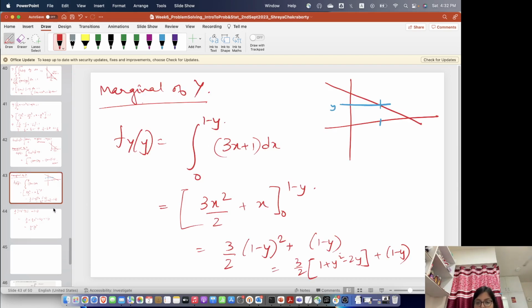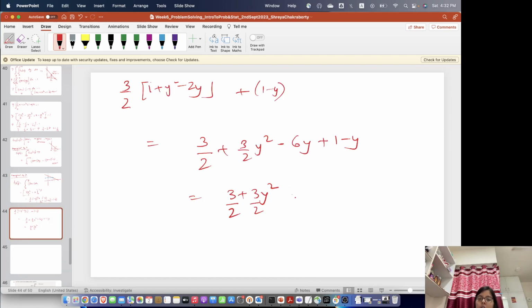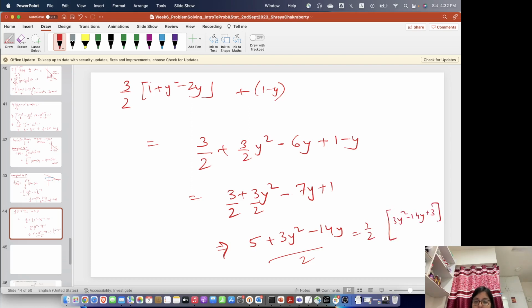so it will be minus 2y plus 1 minus y. Okay, so this will be minus 7y plus 1, so it will be 5 plus 3y square minus 14y by 2, be half. 3y square minus 15y plus 5, sorry.